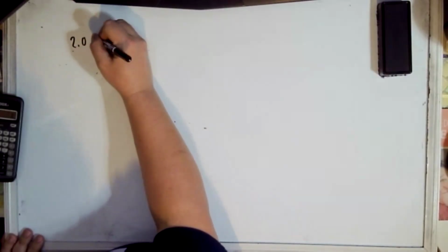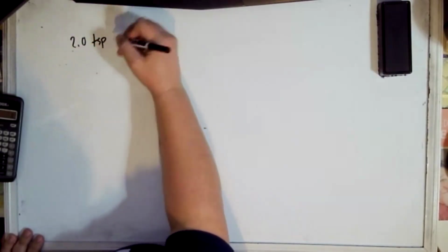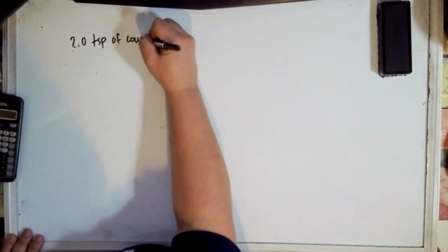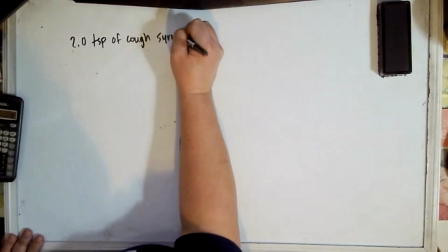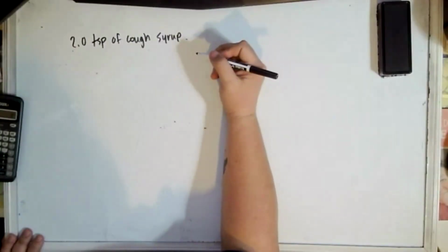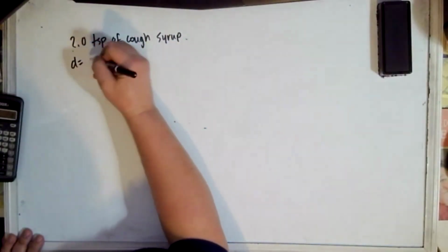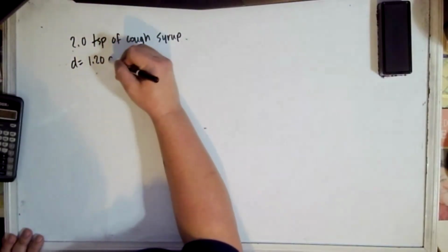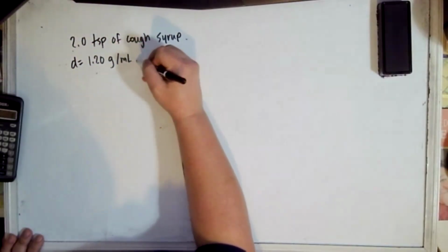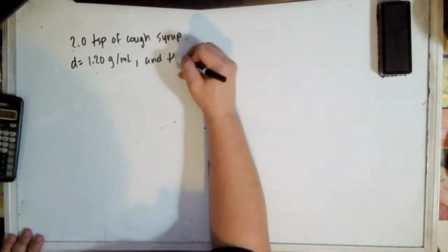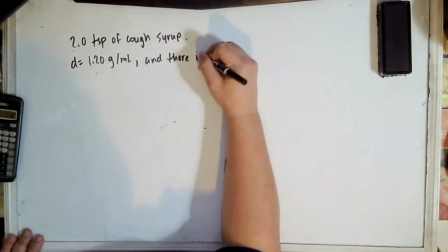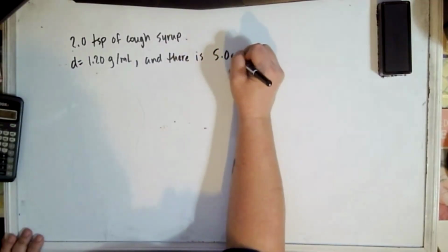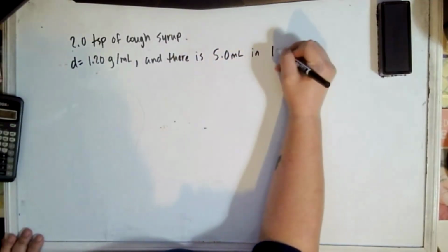Next example says John took 2 teaspoons of cough syrup. If the syrup had a density of, I'm just going to use that for density, so density is 1.20 grams per milliliter, and there is 5 milliliters in 1 teaspoon.